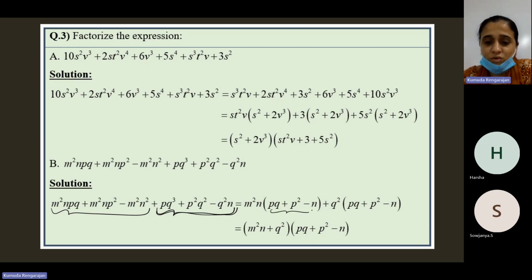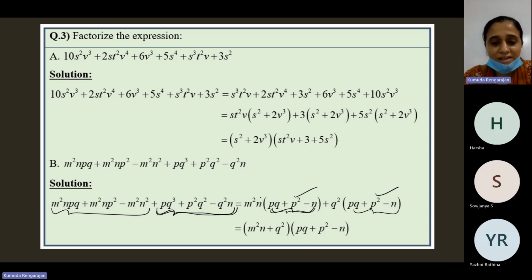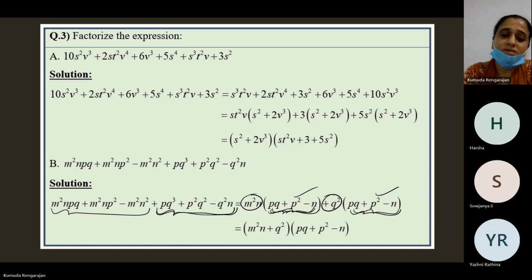If you have different expressions in the bracket, that means you have to try another way. If your grouping is correct, then you will get the same expression in the brackets. You can get anything outside here and here, but the expressions in the brackets must be the same. If they're not the same, then you have to change. Meaning you should rearrange the terms and group it in a different way.